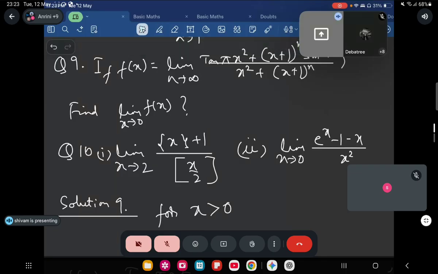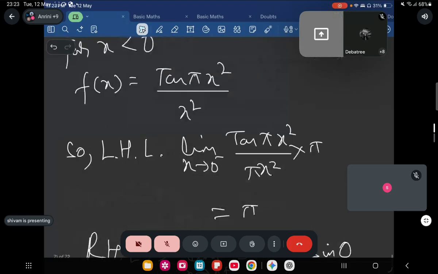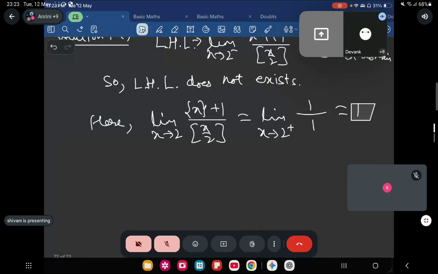Okay, last one I'm solving, everyone. Pay attention. e to the power x minus 1. Yes, your answer is correct. Show the solution of part 1 once. Yes.